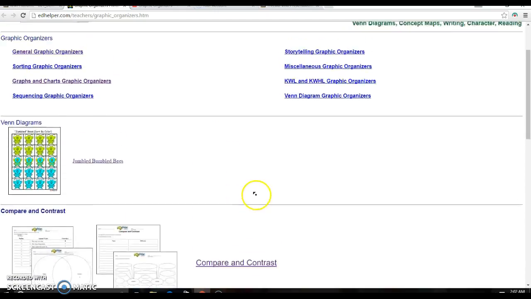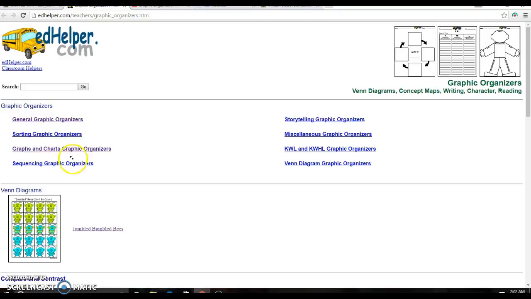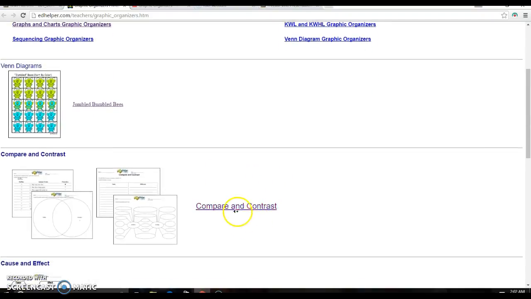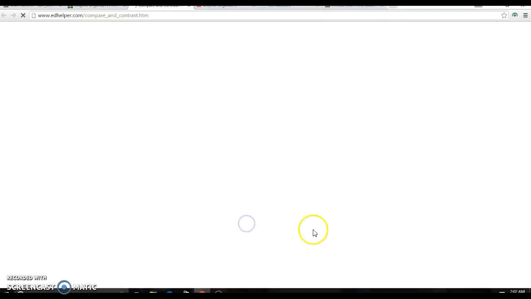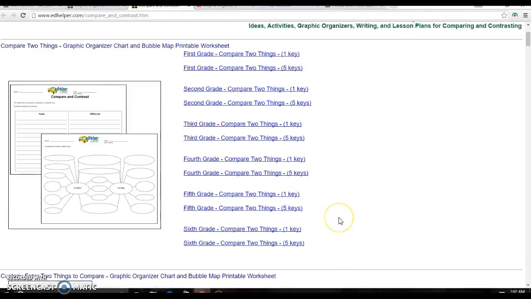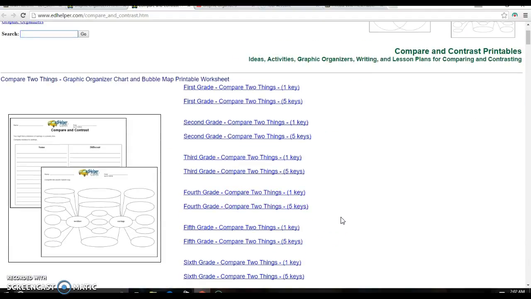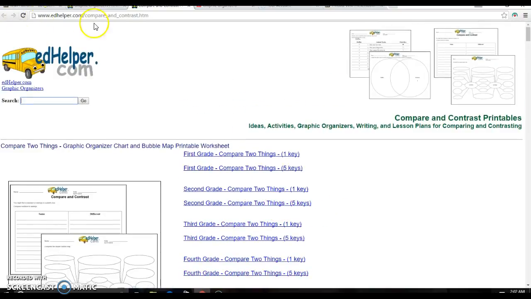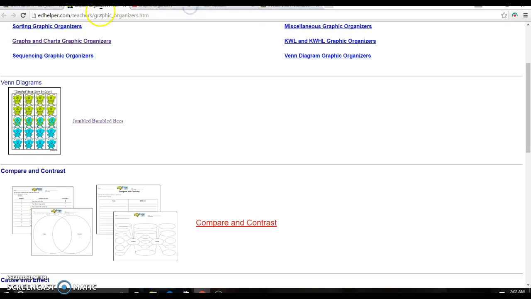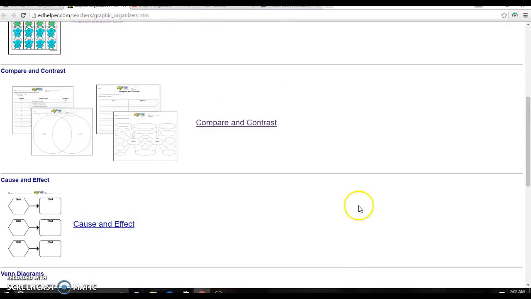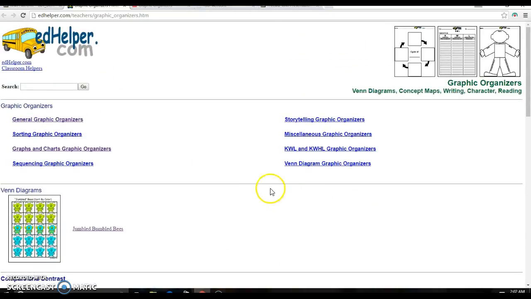So if you go to compare and contrast, you have all of these graphs you can use. They have first grade, second grade, third grade, up to sixth grade that you can use. So this is a really neat website you can use for graphic organizers when you're doing lesson plans.